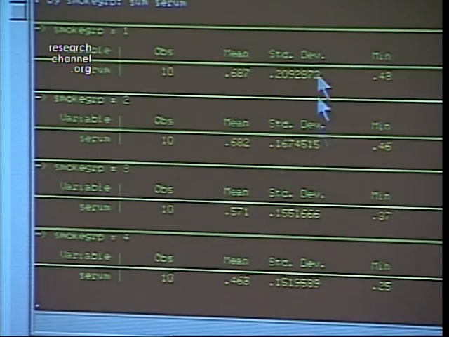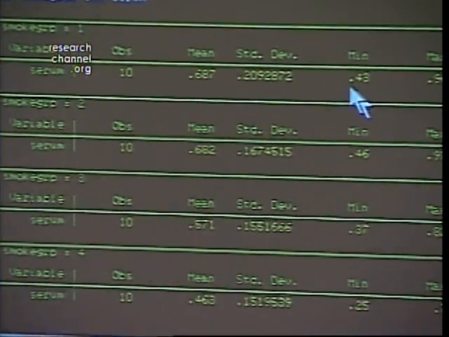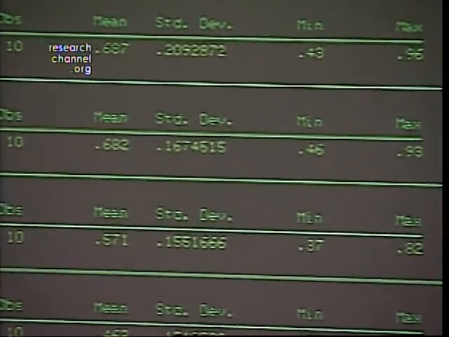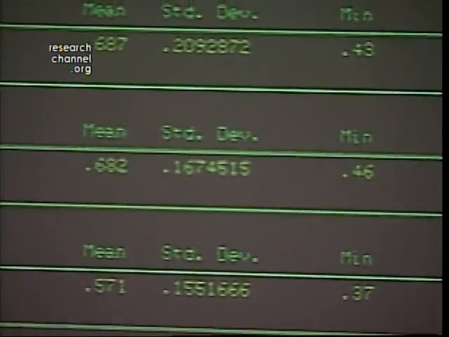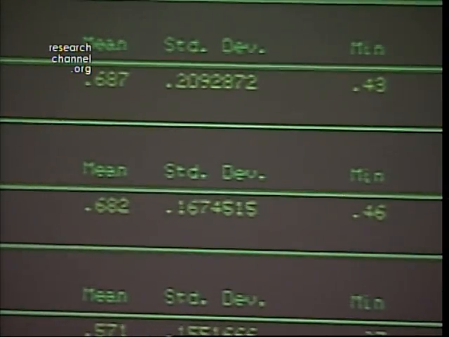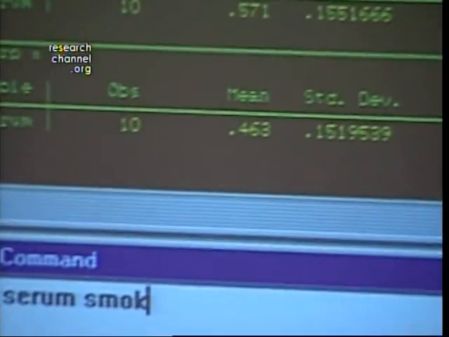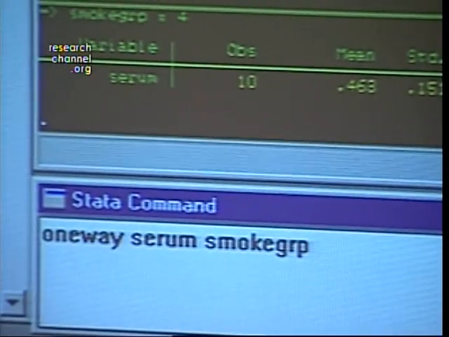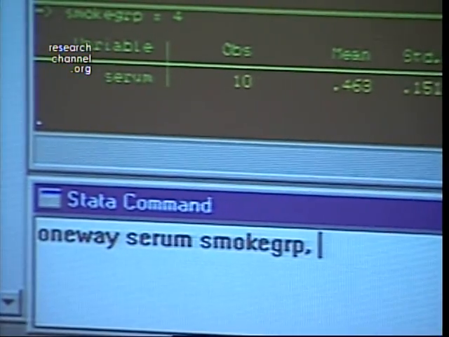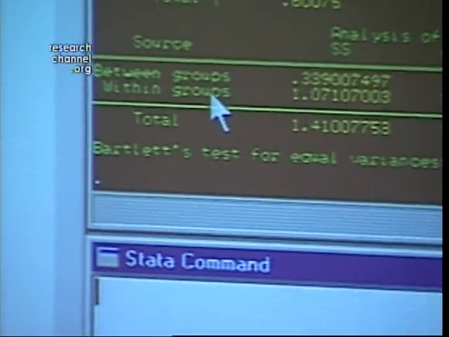We see the standard deviations are actually all about 0.2, and then we're also given the minimum and the maximum. So we'd want to first look at the data, see if we see any trends, and then the command that we would use for what's called a one-way analysis of variance, because we just have one group of interest, the smoking group, we could look at now the same table you see in the notes.